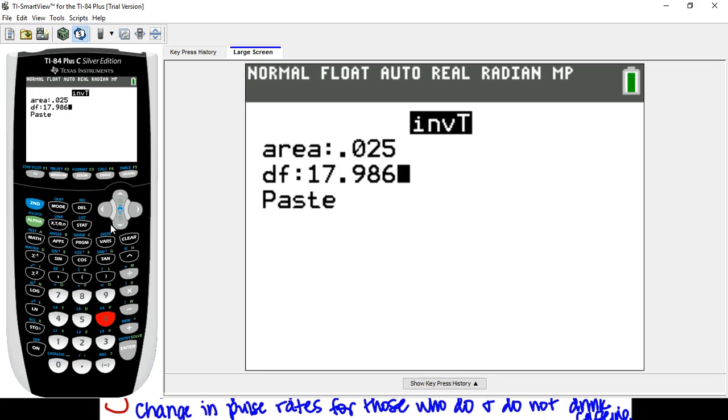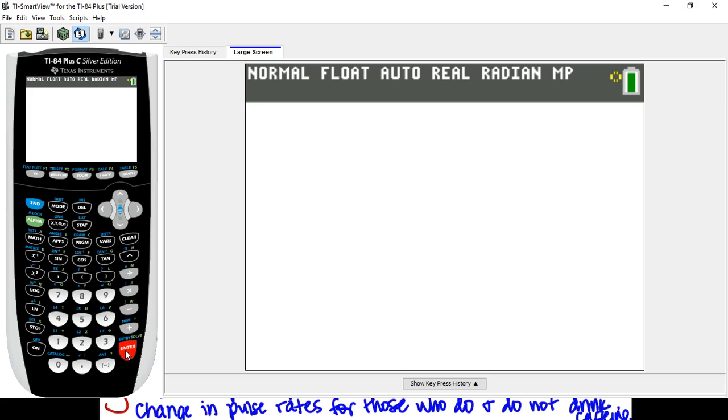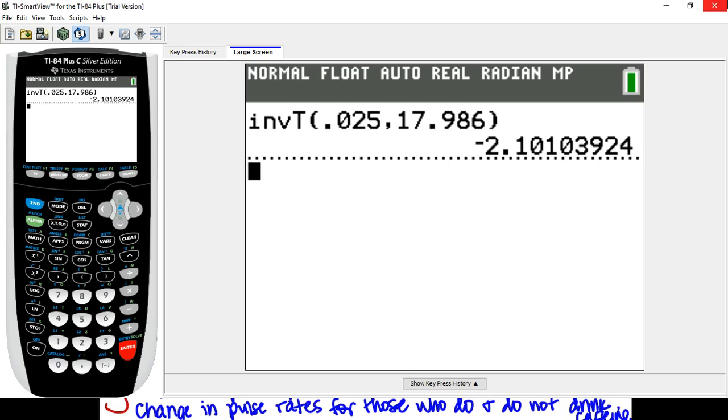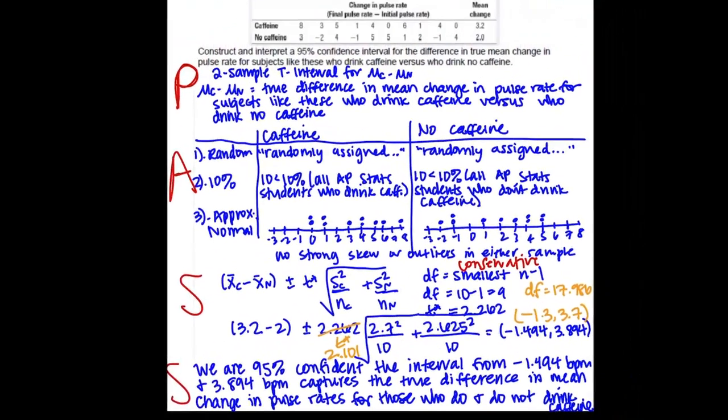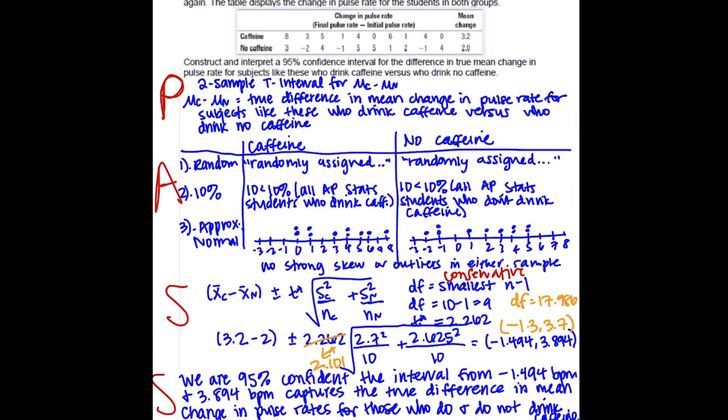You can hit paste, and then you can use the actual T star of 2.101. So you could just write T star or 2.101, but you cannot write 2.262 because that is not correct if you use the orange interval as your answer. So make sure you always report the DF you're using, and always use the appropriate T star or just write the letter T star so that you won't get docked for that.